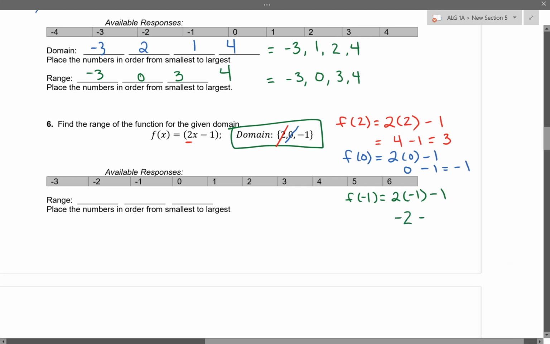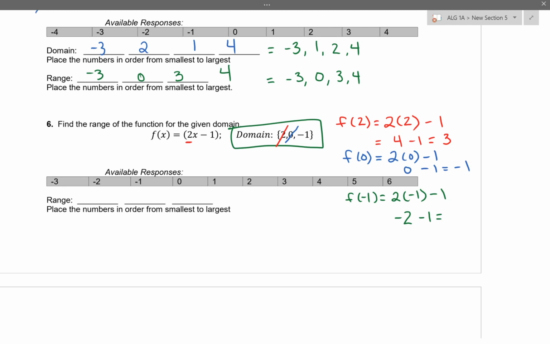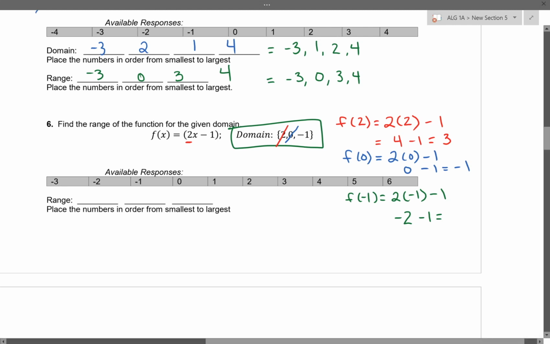Then I drop down my minus 1. I borrowed $2 from somebody, and then I asked that person for another dollar. How much money do I owe them? I owe them negative $3. So this and this are my answers.